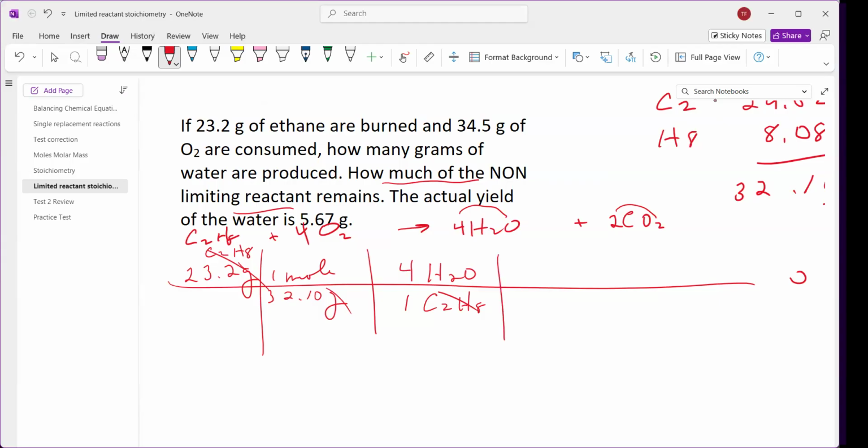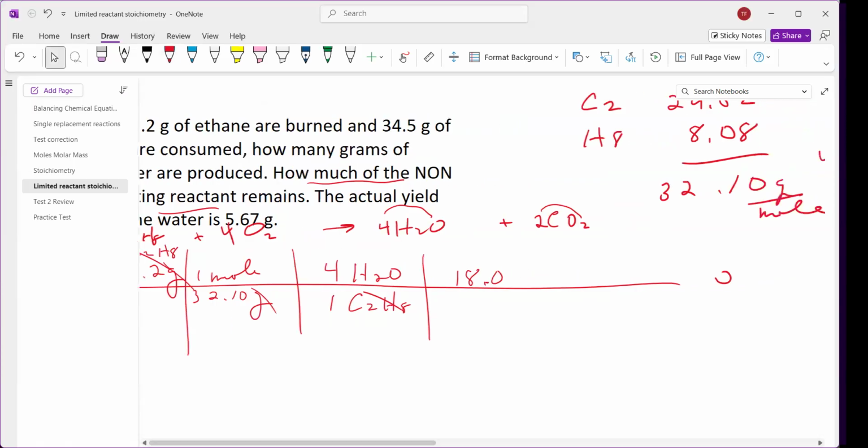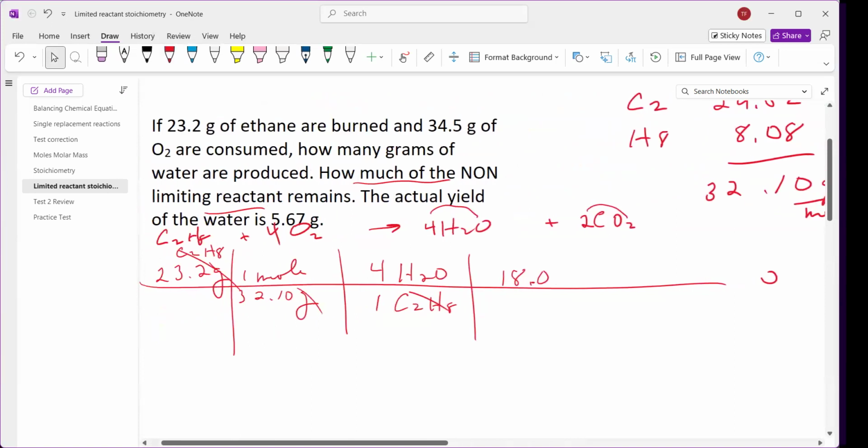Now we need to go from moles of water to grams of water. So water is 18, is it 18.01 or 18?